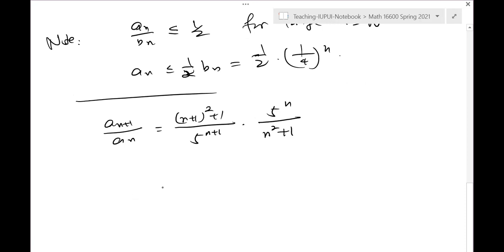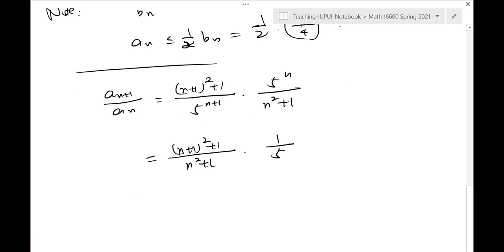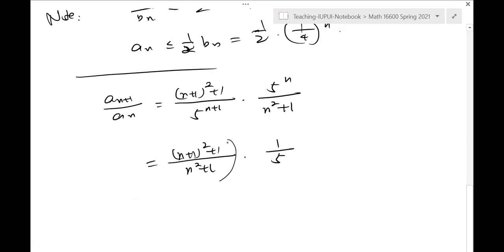So simplified, this will be 1 over 5 times a term, and now this term approaches 1. So it approaches 1 times 1 over 5, that's 1 over 5.